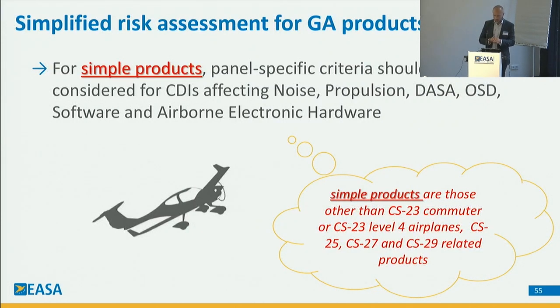So what we have said so far is true for all products for which EASA is responsible. What we did for some of the products within a general aviation understanding, I have to say it like that because, as you know, there are several definitions of GA.